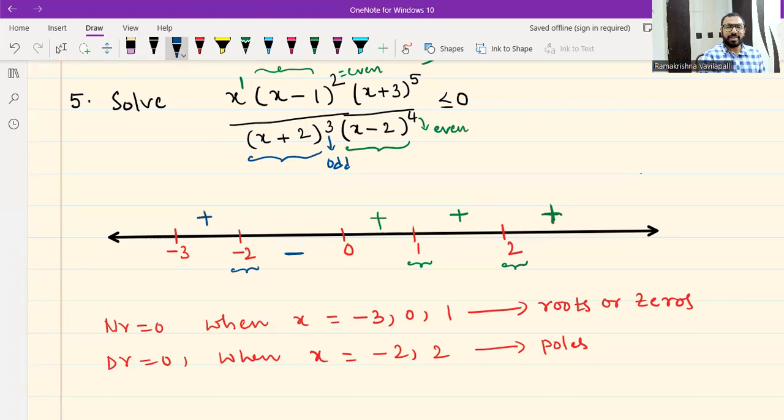Well, now coming to minus 3, here this power is odd, so there will be a sign change. Over. So now let us draw a wavy curve. Negative is below the real line, the negative sign will be there. So you draw a wavy curve like this.